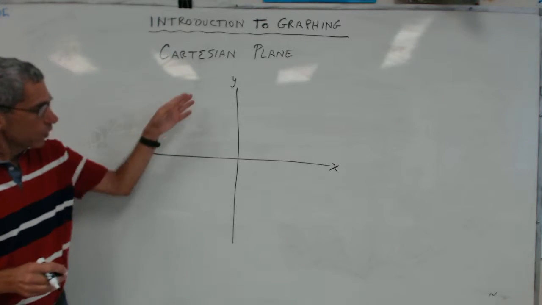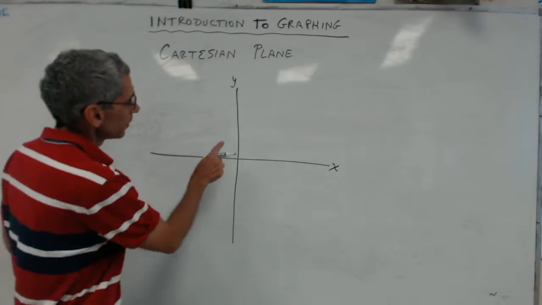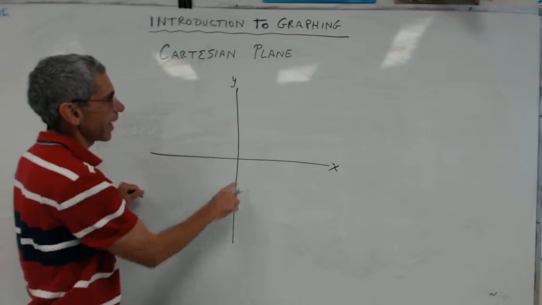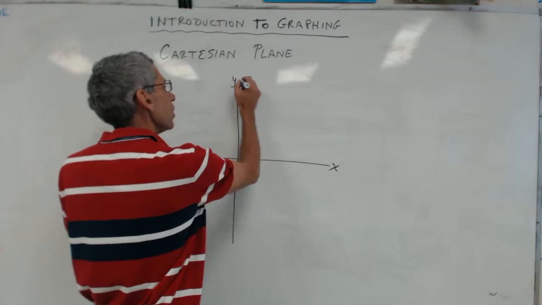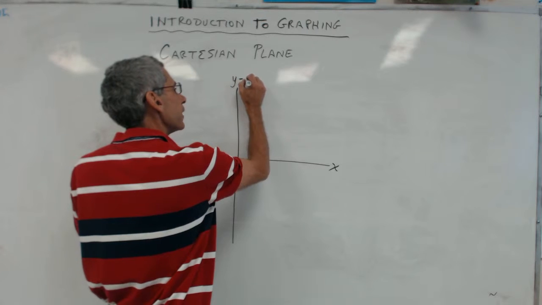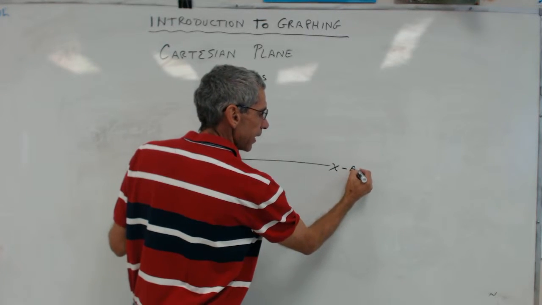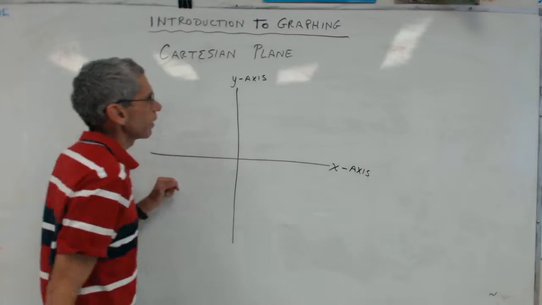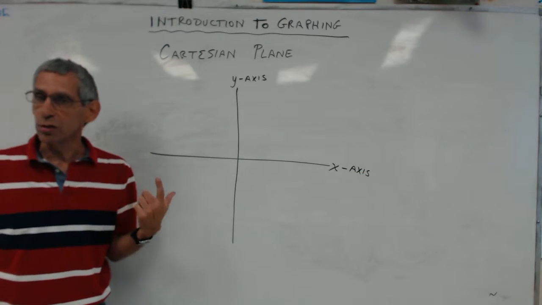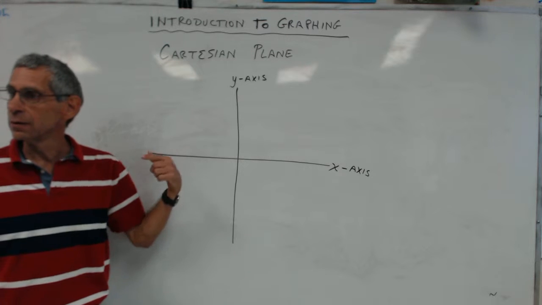So there are 2 axes. This is called the y-axis. And this is called the x-axis. If you were ever going to talk about the plural, it would be axes, right?